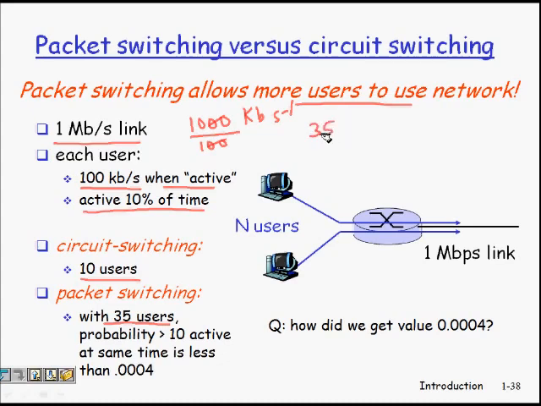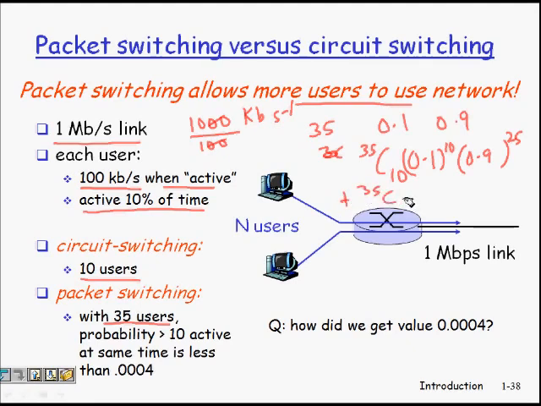35 users are there and the probability of being active is 10% or 0.1. The probability of being non-active is 0.9. So what is the probability that 10 users will be active? It will be 35 choose 10, times 0.1 to the power of 10, times 0.9 to the power of 25. And what is the probability that more than 10 users are active?